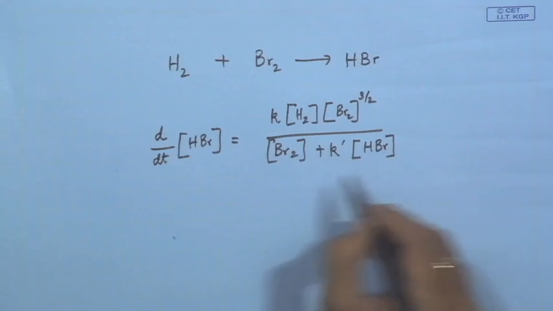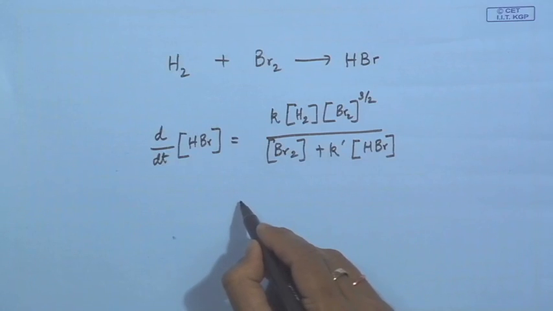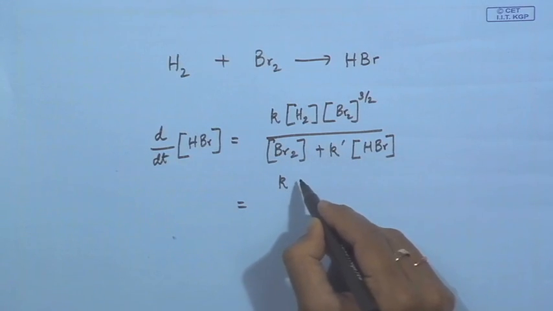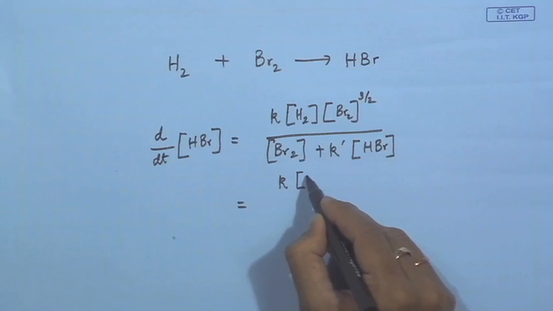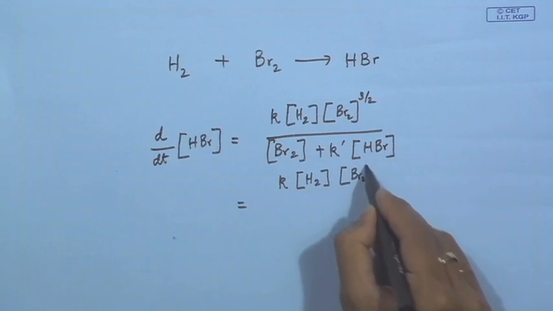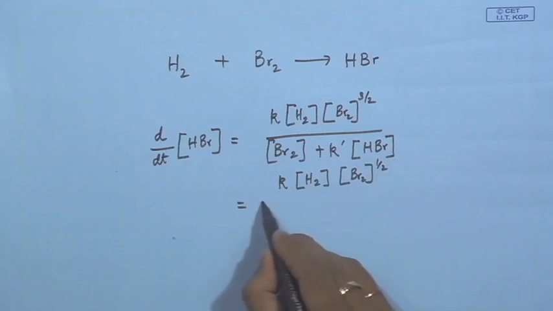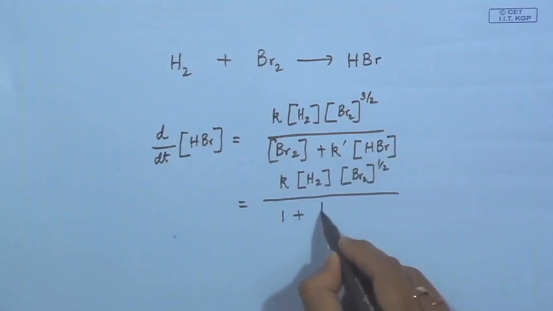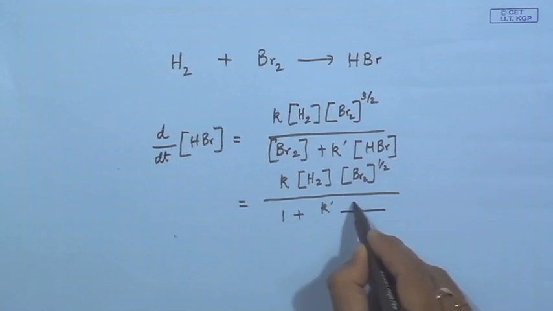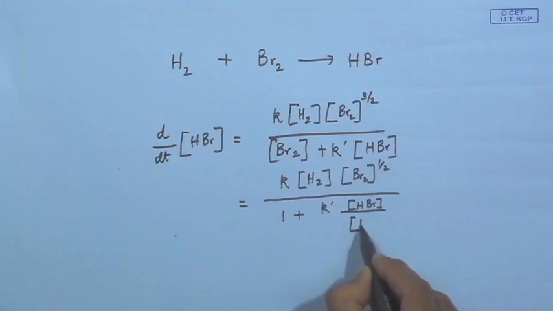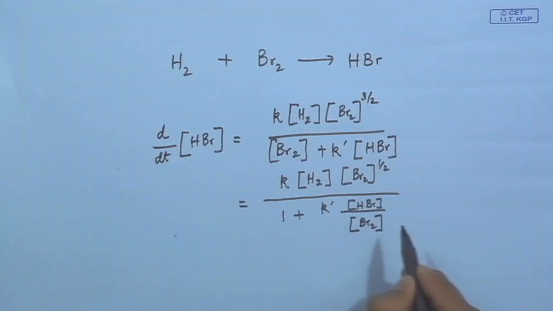So, if you write the reaction like this and rearrange it, then it is k[H2][Br2]^(1/2) divided by 1 plus k' times the concentration of HBr divided by the concentration of Br2.